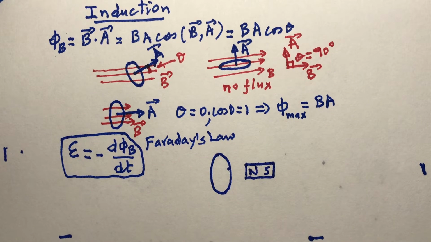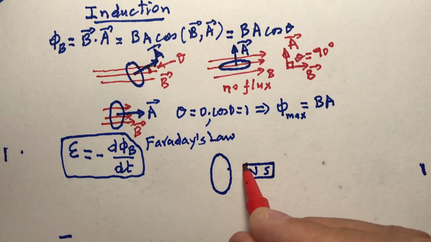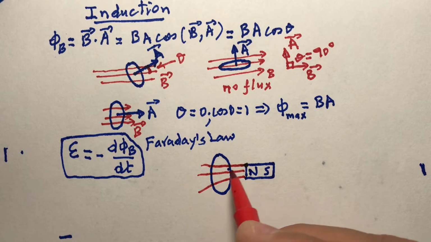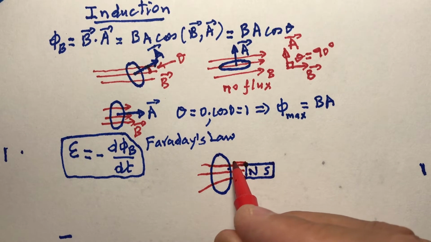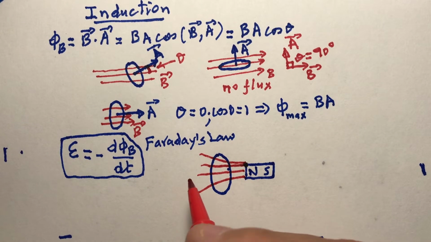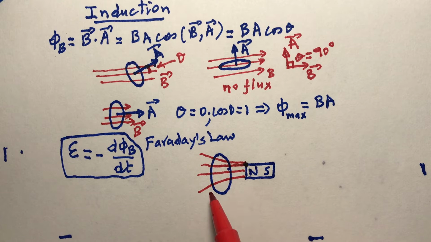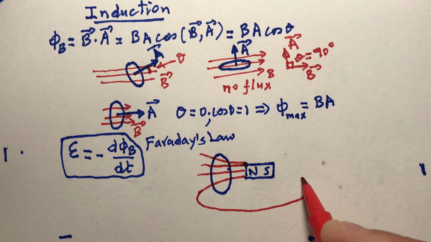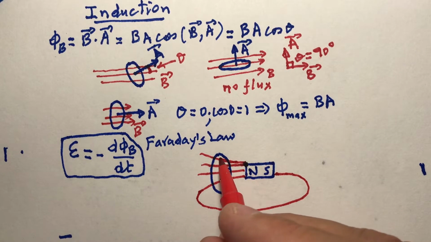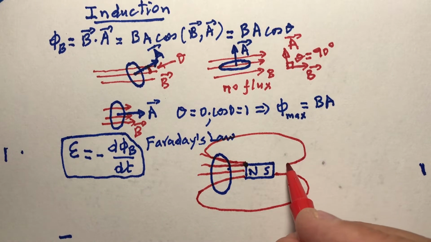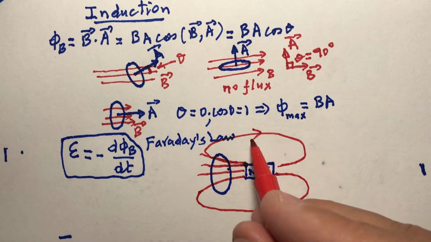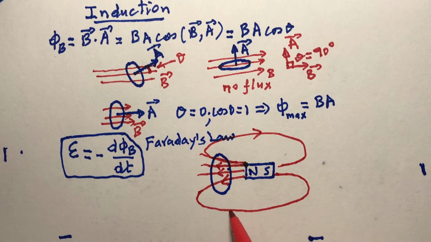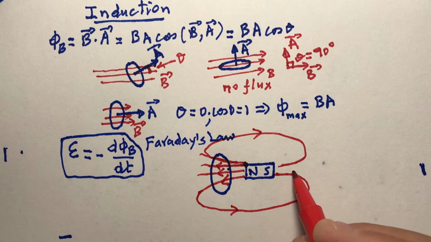That magnet will give us a magnetic field that's going to go through this area. But the magnetic field doesn't keep on going straight, it curls. So the magnetic field will curl something like this, and come back to the south, like that. It leaves the north and then comes back here.